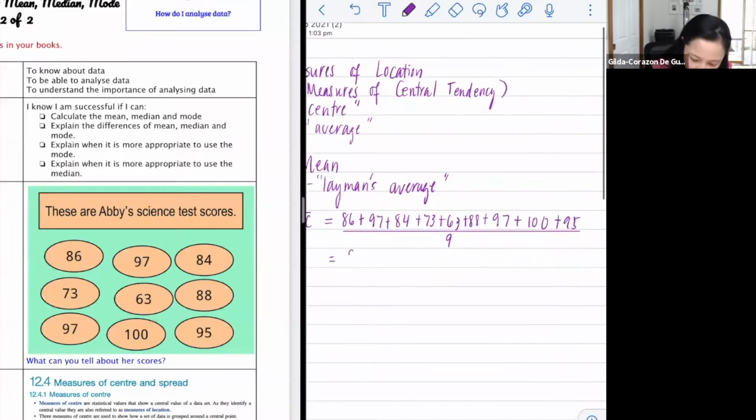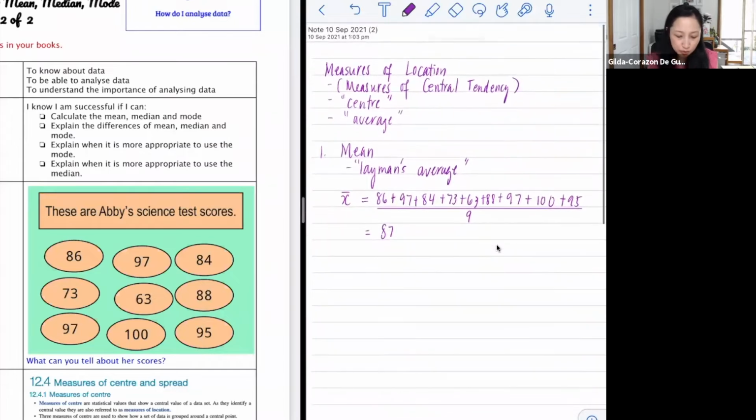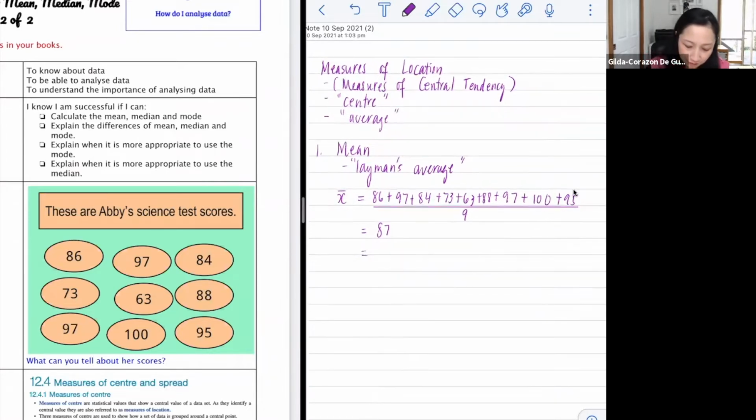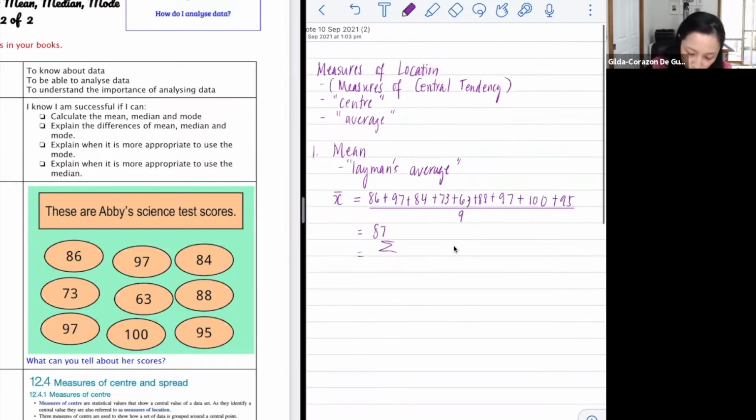Okay, so we added them and then divided by the number of scores. There are 9. Let me just introduce you to more notations. Now this is the sum of the scores. There is a proper notation in maths that they use. We read this as the summation of all your x's, divided by n.